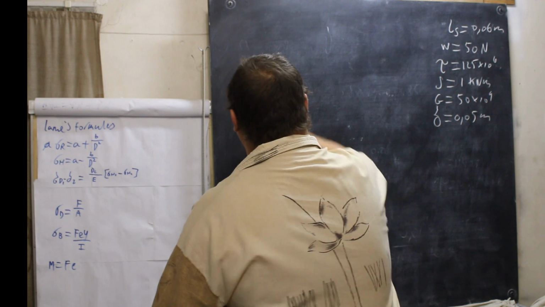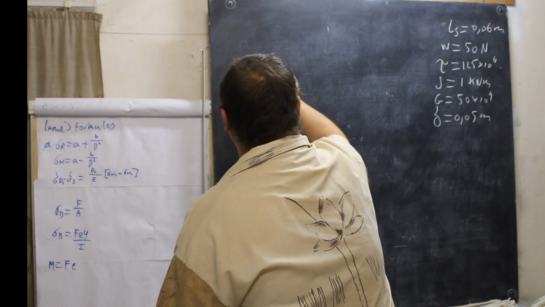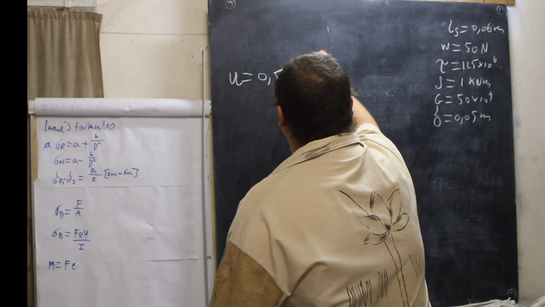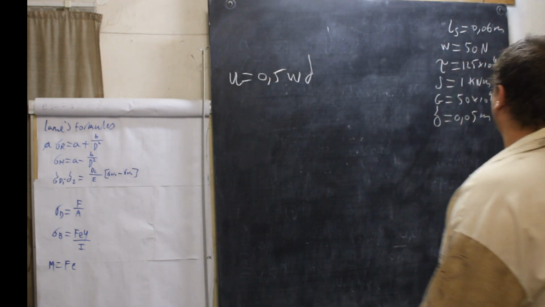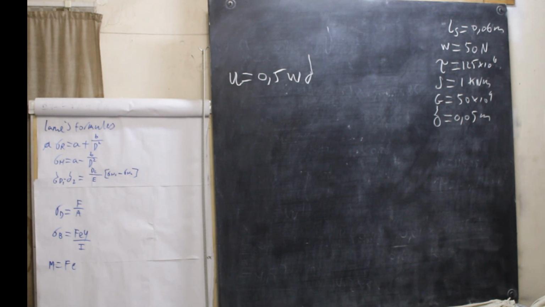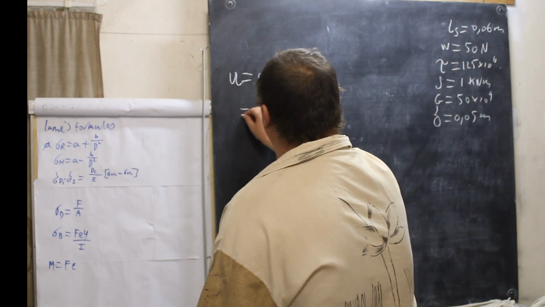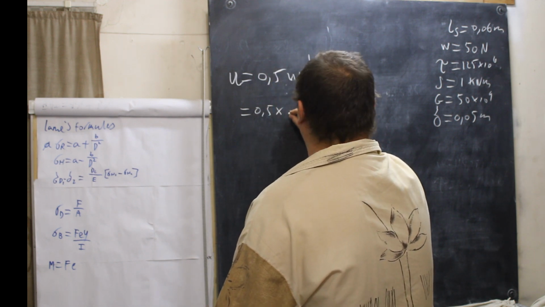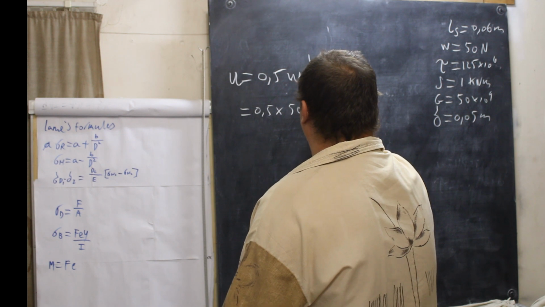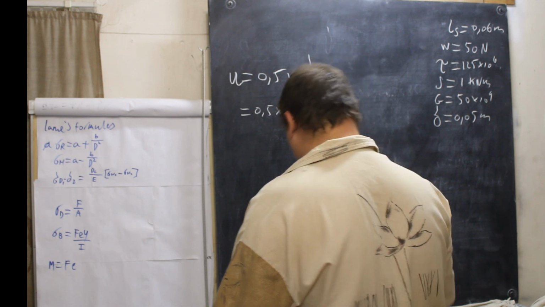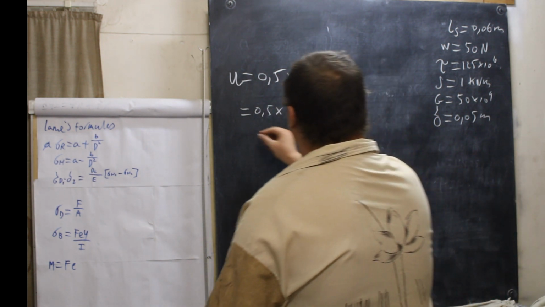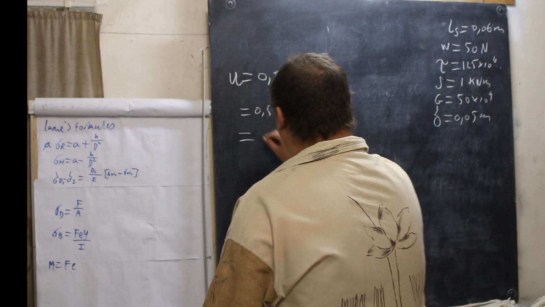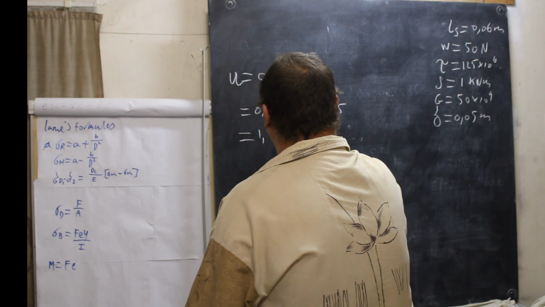Next, they want the strain energy. U is equal to 0,5 W times deflection. Okay, so 0,5 times 50 times 0,05 is equal to 1,25 joules.